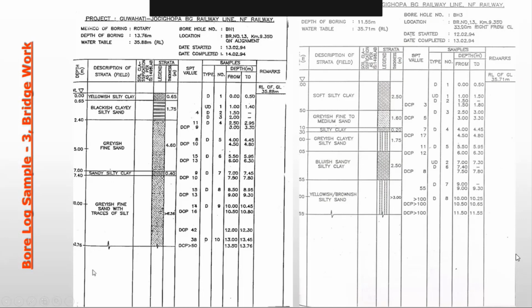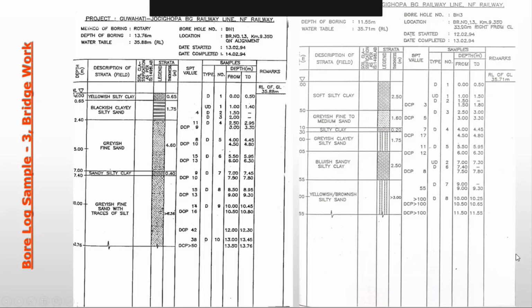The water table we have not met there, but here we have met the water table because we have gone up to 55 meter, and here the water table is at 35.75 meter. Whatever strata we have met, we have mentioned those strata, at what reduced level these have been met, and that depth has been mentioned.